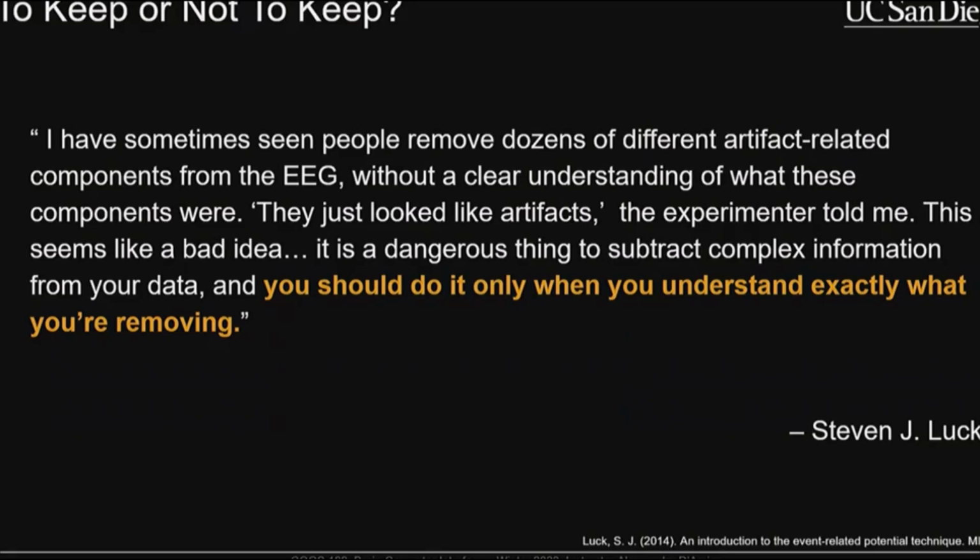But ICA doesn't always succeed. It doesn't always maximally separate your signals and your noise, or what looks to be your signals and your noise. So you can have high confidence, but you still need to look at your data and confirm that things are going well. At least right now, it's not as trivial as creating some fully automated pipeline that you can be 100% confident in, if that makes sense.